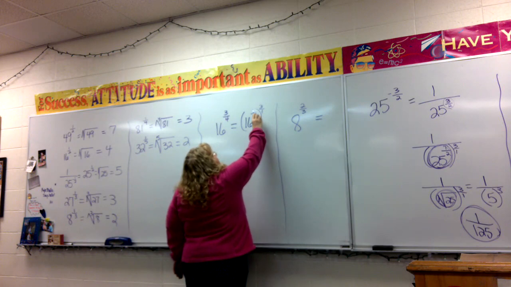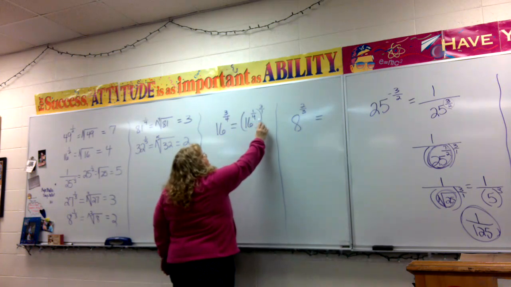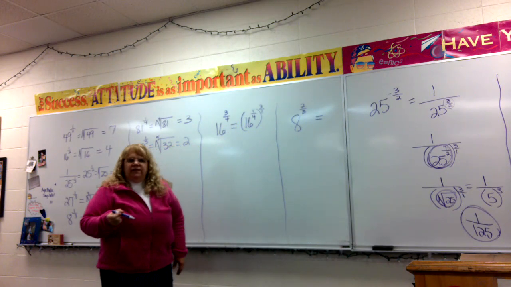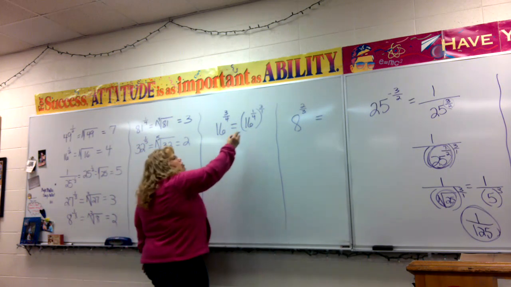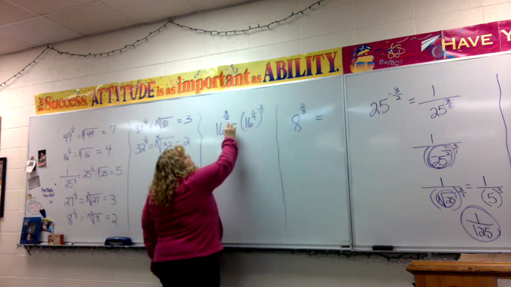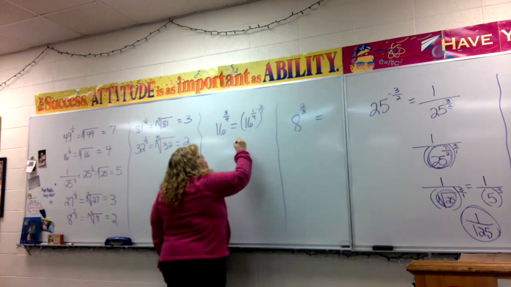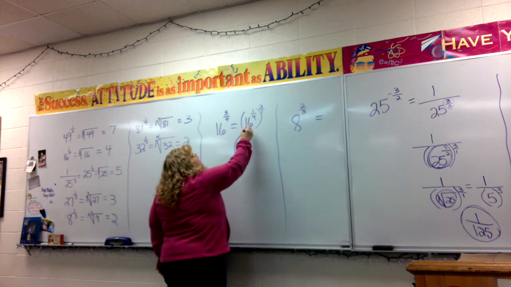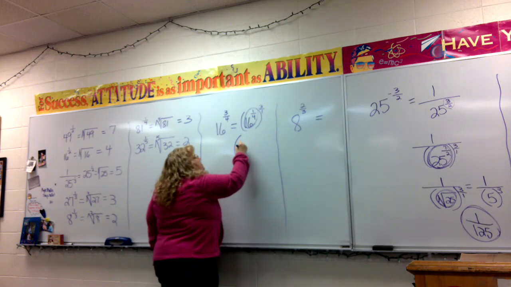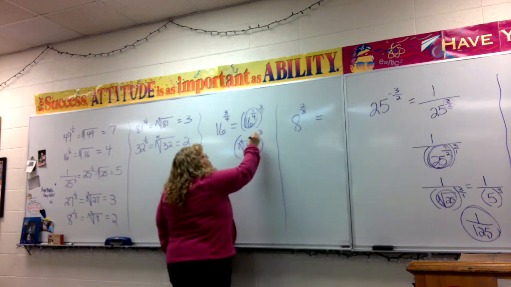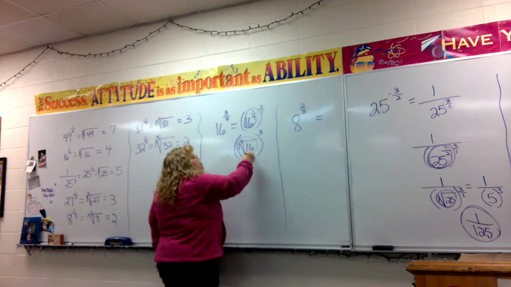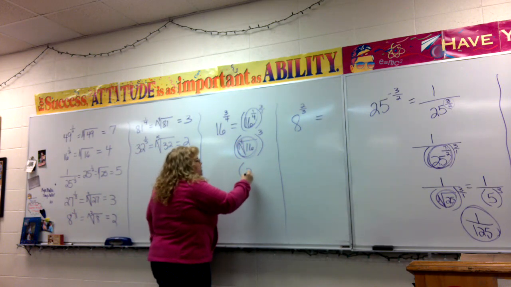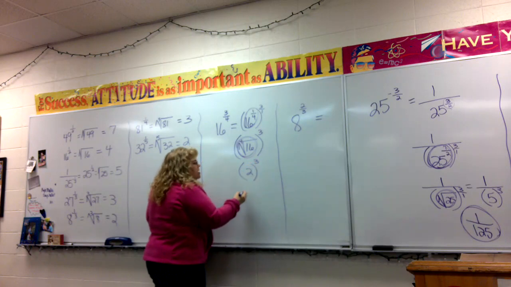You multiply. So on top is 3, on bottom is 4. That's equivalent, right? So you're going to break it down into the 1/4, the denominator, raised to the 3rd power. Well, to the 1/4 power, that's like the 4th root of 16, isn't it? It is. And what is the 4th root of 16? It's 2. And 2 to the 3rd power is 8.